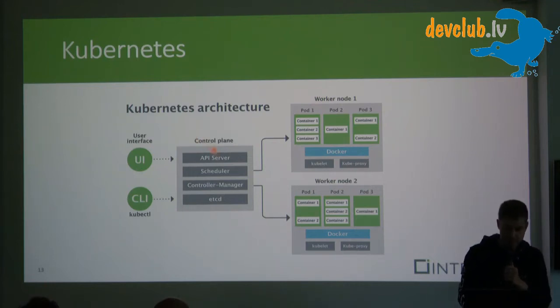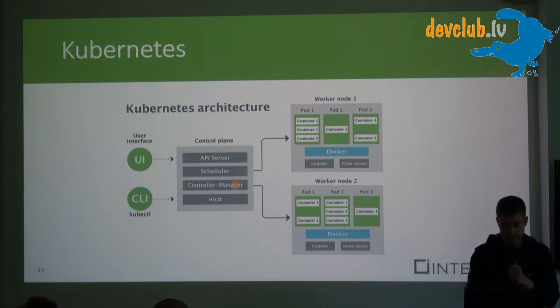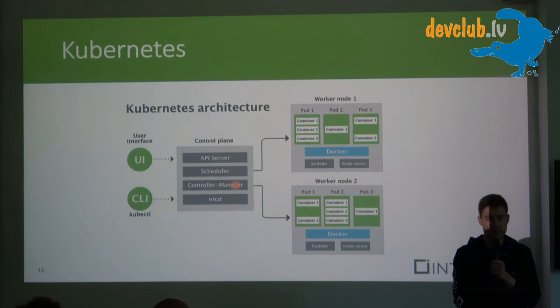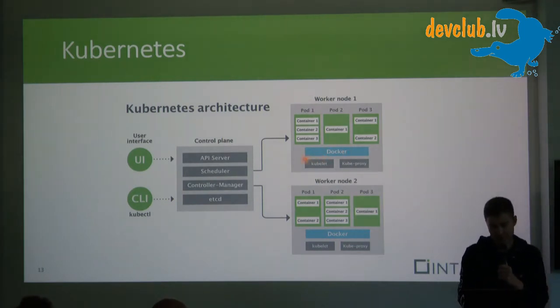The control plane contains such components as the API server, which is the front-end of the container orchestration layer, a scheduler that decides where to put new workload, a controller manager that tries to keep the desired state of the cluster and makes adjustments if needed, and etcd, a key-value storage for persisting the cluster data. And there are also some components like the container runtime, or Docker in our case, and the kubelet agent that makes sure the workloads are created, and so on.